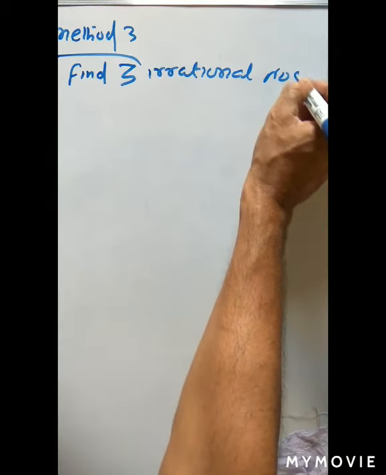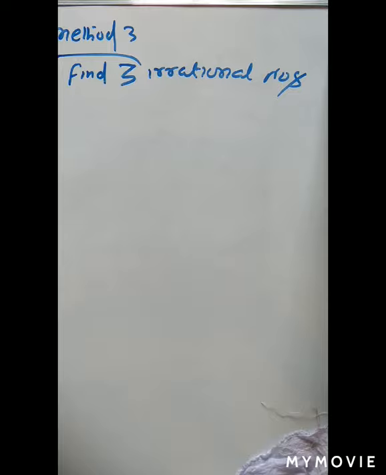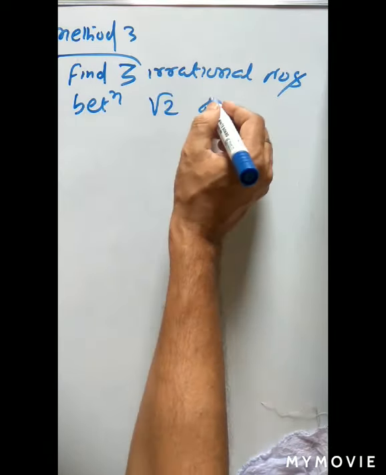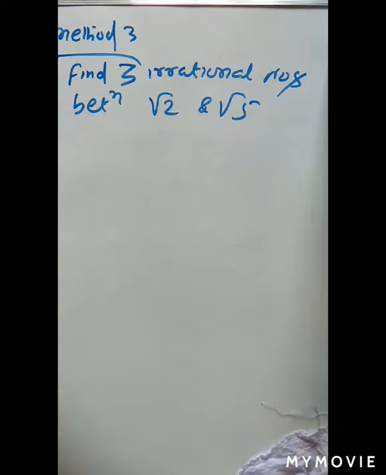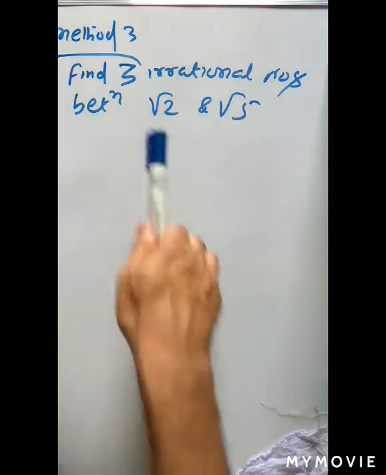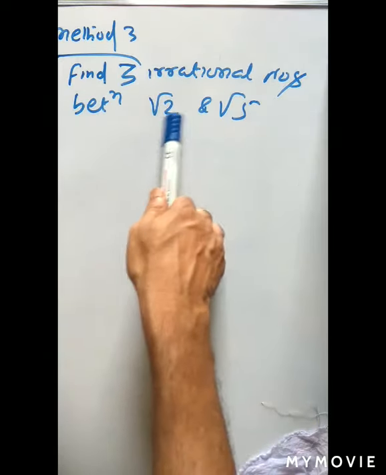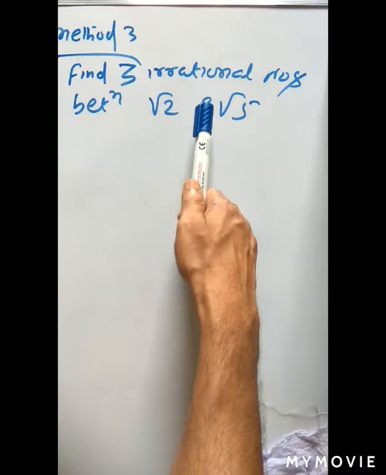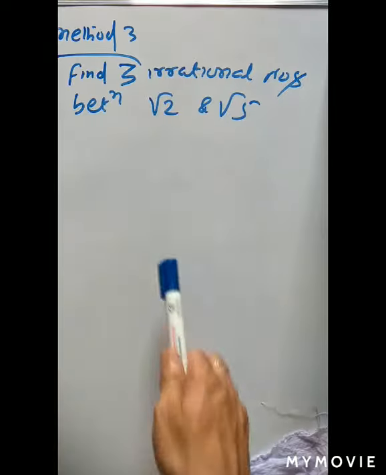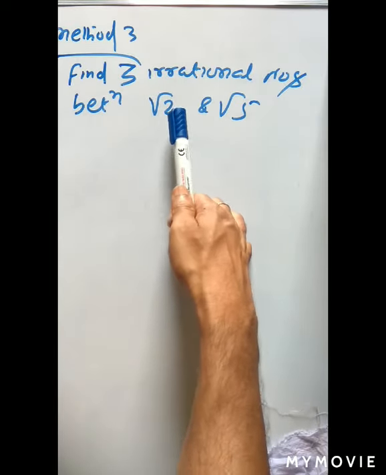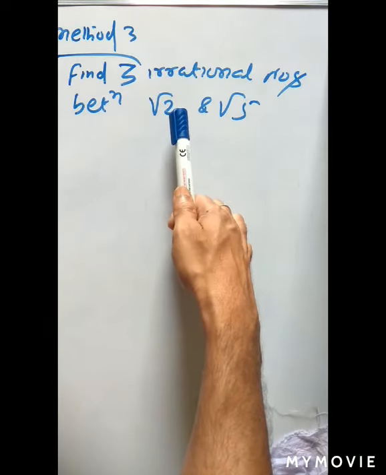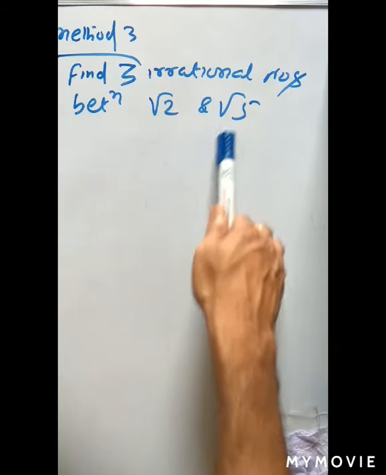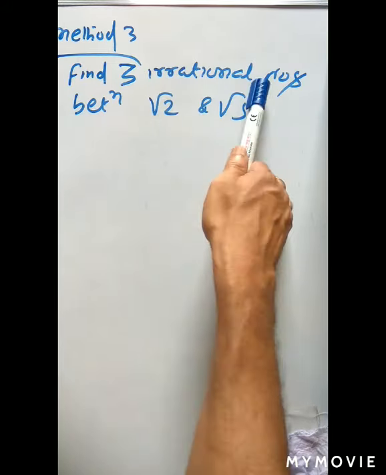Find 3 irrational numbers between root 2 and root 5. In the previous case, I calculated 3 rational numbers between root 2 and root 5. But in this method, you have to find 3 irrational numbers between root 2 and root 5. Remember, in between two irrational numbers, you will get an infinite number of irrational numbers.